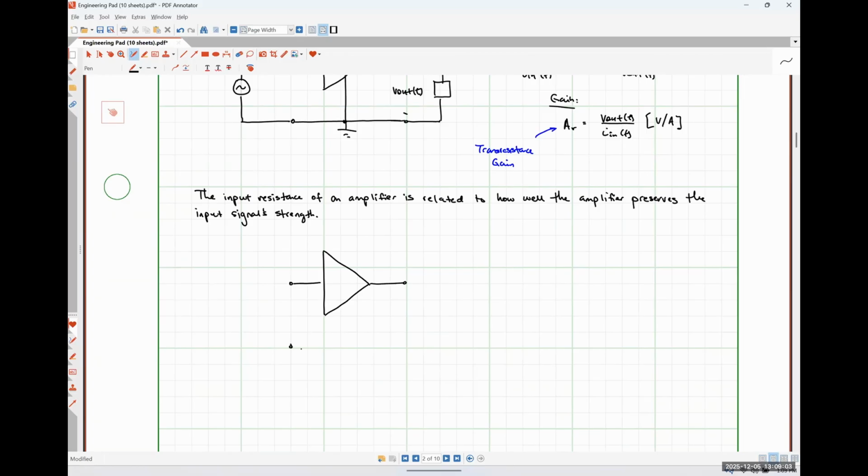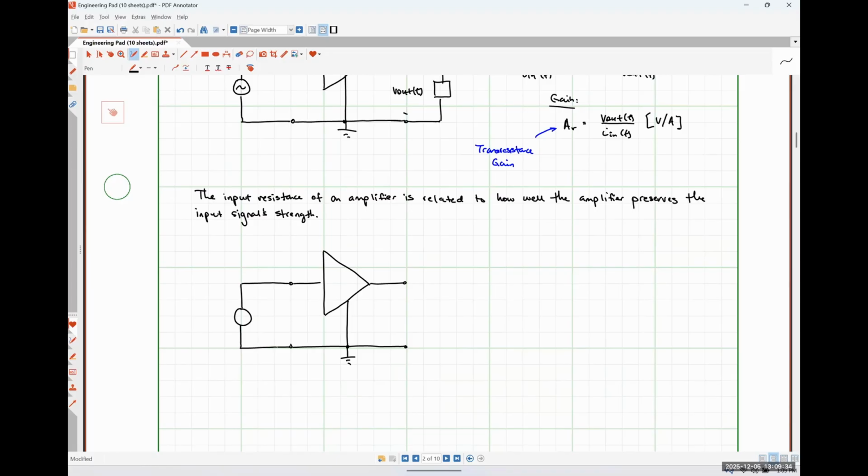So this guy right here, without putting any additional information, could be literally any of the 4 types of amplifiers that I've discussed previously. And what I'm going to do is I'm going to excite this amplifier with some sort of source. Could be a DC source, could be an AC source, doesn't particularly matter.